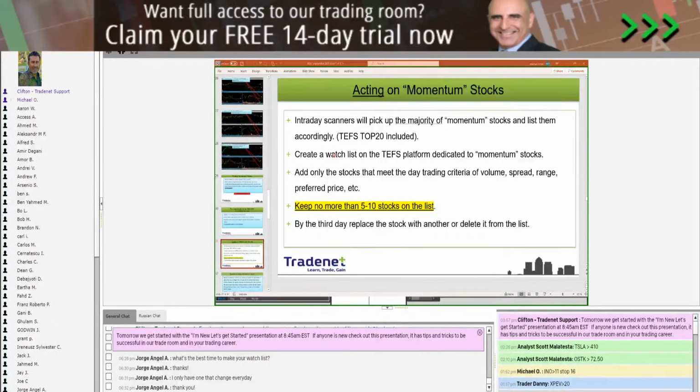on the top 20. Now, acting on momentum stocks, intraday scanners will pick the majority of momentum stocks and list them accordingly. The TFS top 20 is included on the new platform. You have also a scanner. I don't remember how we used to call that scanner, but the TFS Evolution or Colmex Pro Plus, or I don't know how we call those, the new platform.